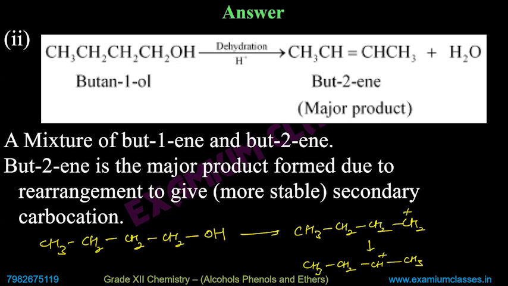Why does it happen? It happens because in this case, the transition of hydrogen from one carbon to another requires very little energy. That's why. And then further reaction takes place. So that's why the double bond appears here.